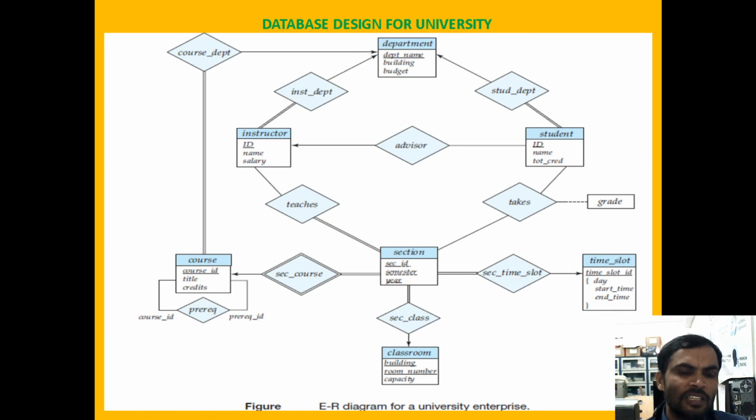Under the rectangle, we have the header part and the body part. The header part gives the title name, the department name. Coming to the body part, there we define the attributes: department name, building and budget.